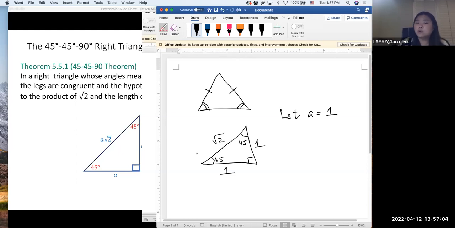Sometimes I remember this triangle instead, but for you, you can just add the A in here. So this is one of the theorems. Remember this triangle. If you are going to take trigonometry or calculus, you always need this triangle, especially trigonometry.